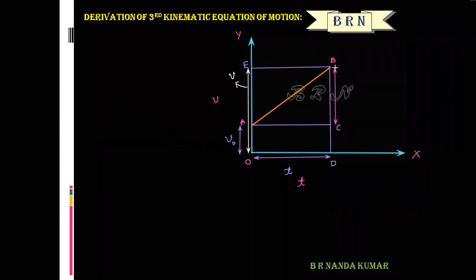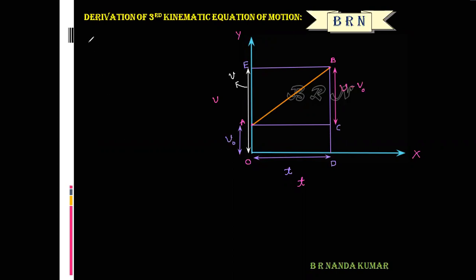OA represents the initial velocity. OE represents the final velocity. OD represents the change in time. BC represents the change in velocity, that is v minus v naught.